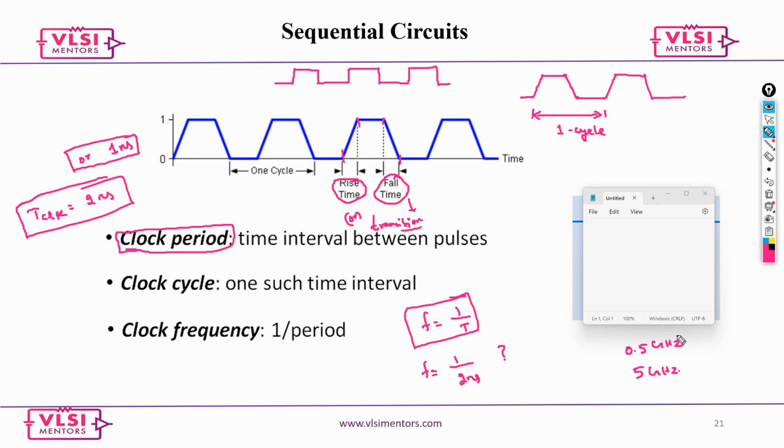There is one more answer, 500 megahertz. Okay, 500 gigahertz. No, I just need a final answer. Okay, perfect. Anyone else? We have 20 plus people. I have hardly got 5 or 6 guys who are doing the work.